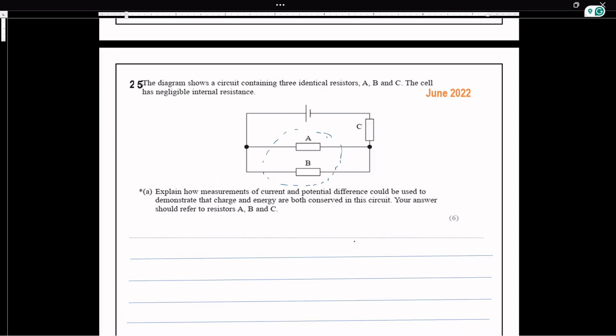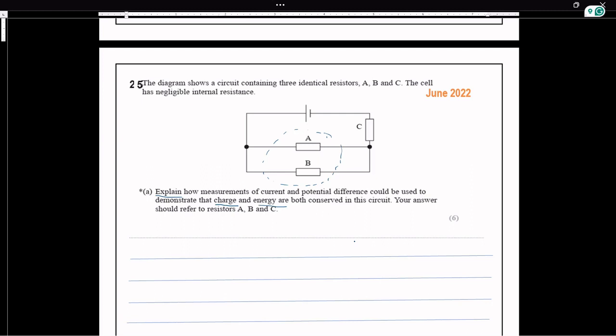Now the question asked here is to show how charge and energy are both conserved in the circuit, with reference to the resistors A, B and C. So they are asking about the conservation of charge and energy.